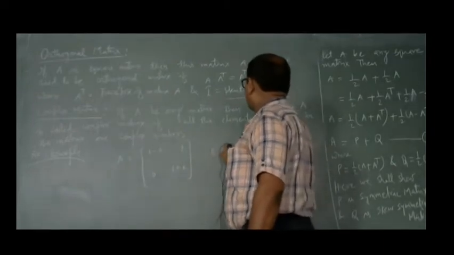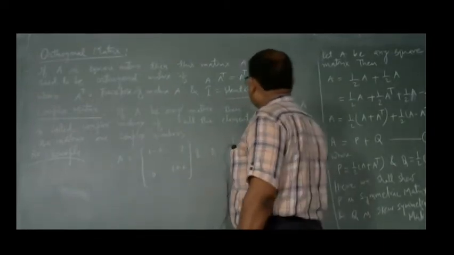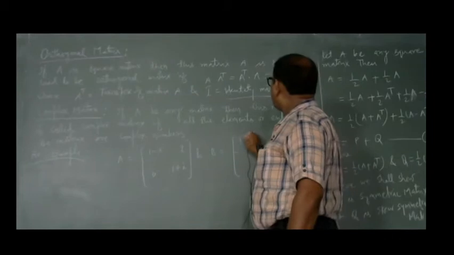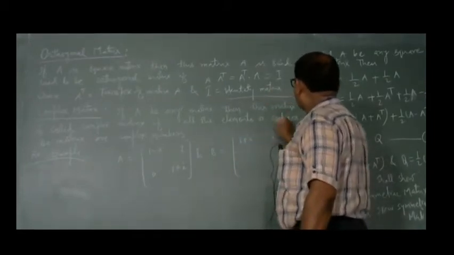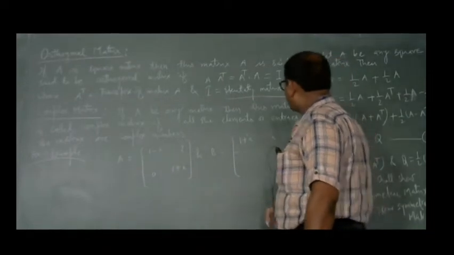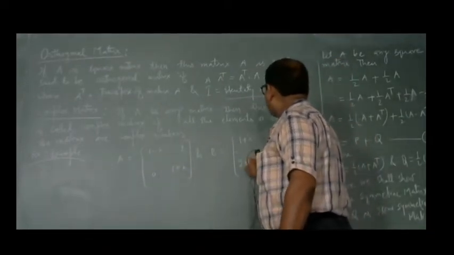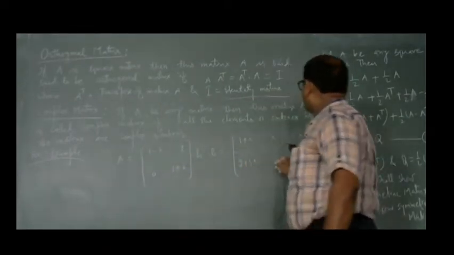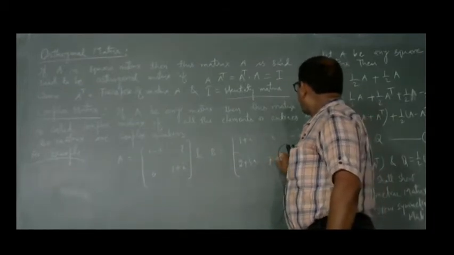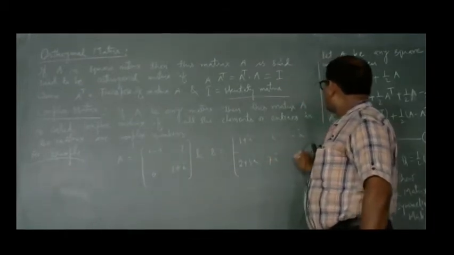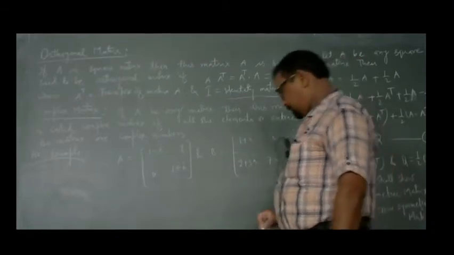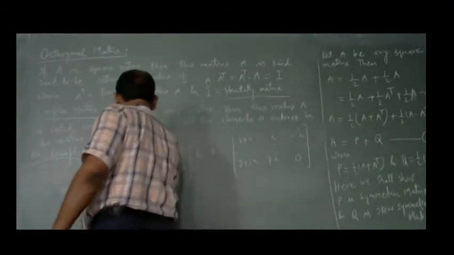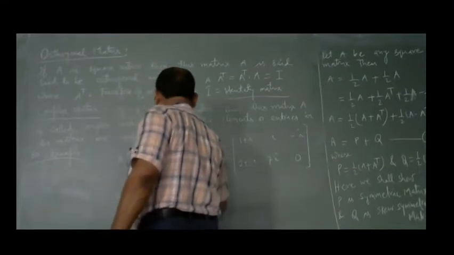B is equal to [1 plus i, minus i; 2 plus 3i, 7i; 0] etc. These are complex matrices.